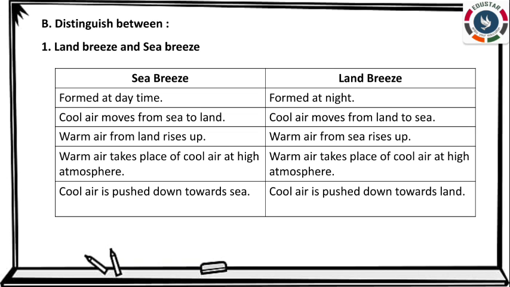Warm air from sea rises up. Warm air takes the place of cool air at high atmosphere. For land breeze, warm air takes the place of cool air at high atmosphere. Cool air is pushed down towards sea. In land breeze, cool air is pushed down towards land.